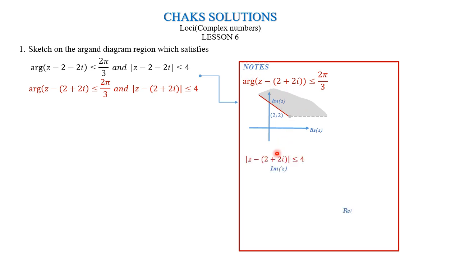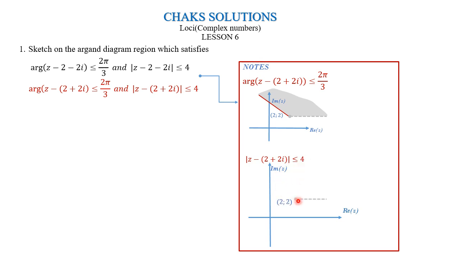Then we go to the next one here. Alright, so the next one is a circle with the radius of 4 units, and our center is at 2, 2 here. Then also we need to shade the points such that the distance from the center to any of those points will be less than or equals to 4 here.